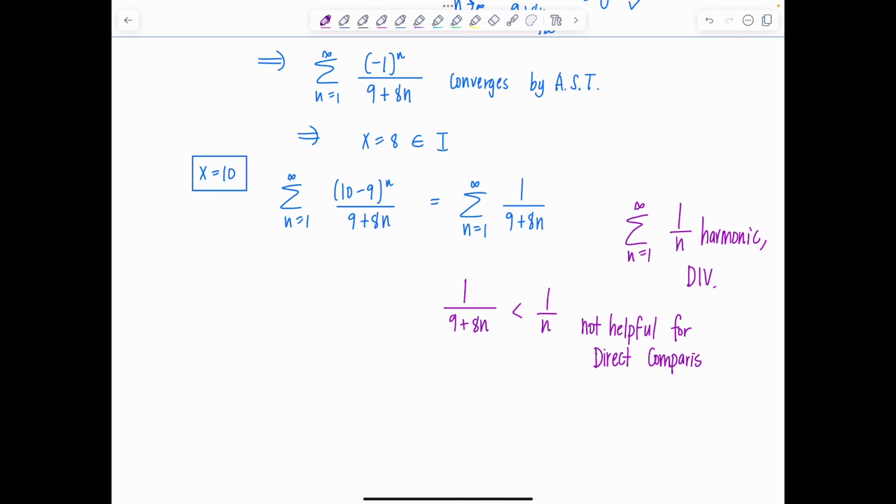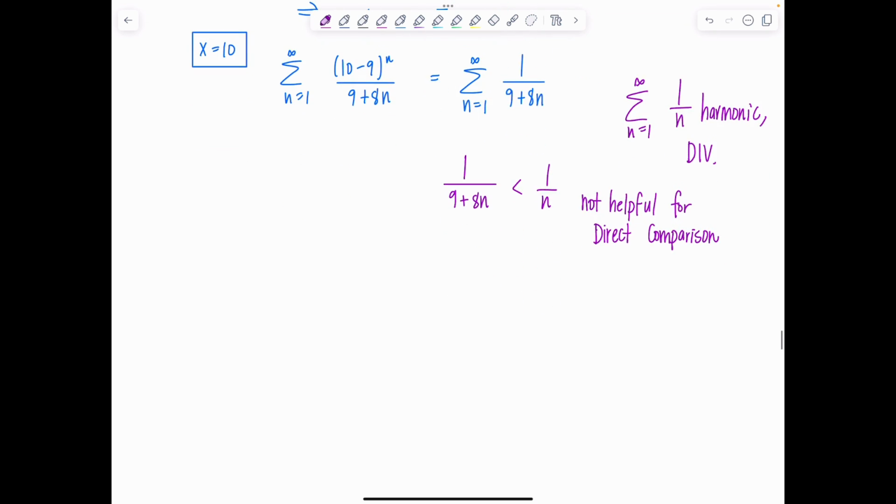So what do we do? You don't cry. You just go, oh, I'm going to use limit comparison instead. So here we go. Let's use the limit comparison test. And we take the limit as n goes to infinity of the terms of our series, 1 over 9 plus 8n, over the terms of the series I'm comparing it to, 1 over n. And then this is the limit as n goes to infinity of n over 9 plus 8n.